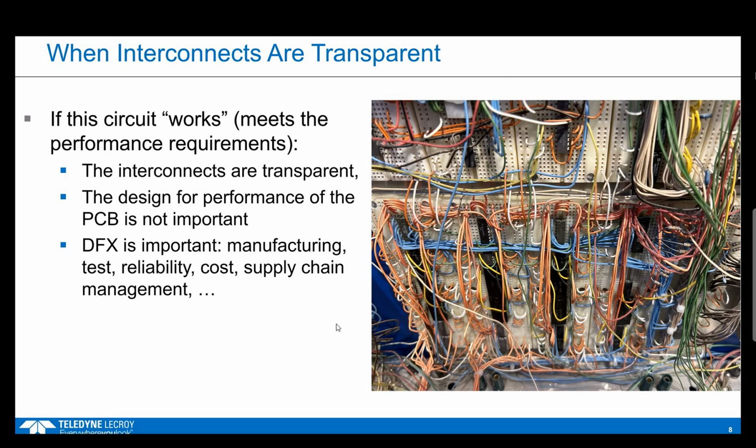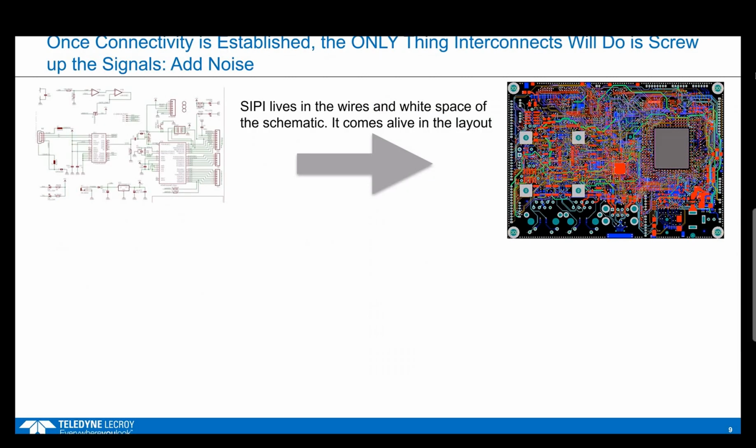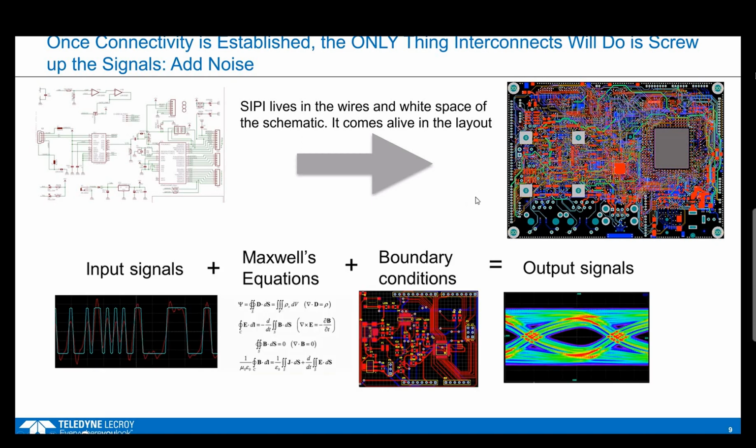That means how we implement the physical design of the interconnects influences the noise. And why is that? Why are interconnects sometimes not transparent? How do the interconnects, the physical implementation of the interconnects, how do they actually affect the electrical performance? How do they affect the signals? And unfortunately, it's all based on Maxwell's equations.